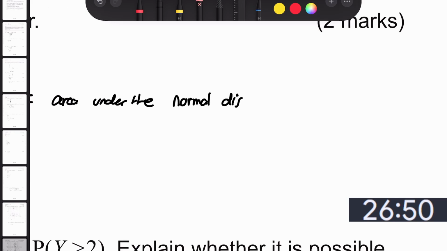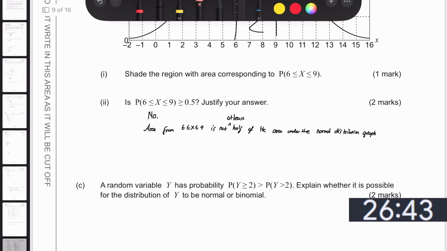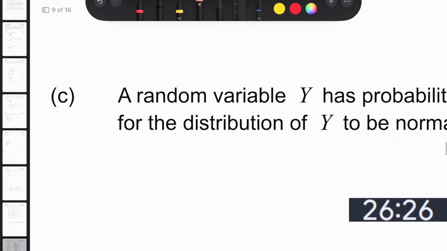Normal distribution graph. Around variance probability is y is equal to that. Explain whether it's possible for the distribution of y to be normal or binomial. Normal distribution is continuous.